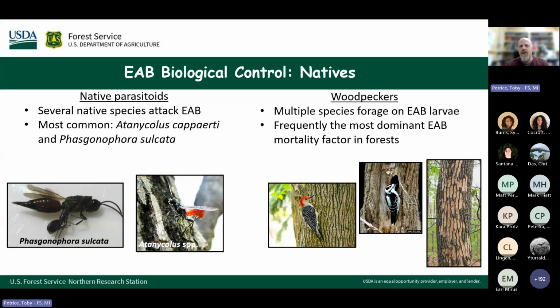Woodpeckers can also feed on emerald ash borer larvae. They primarily feed on the mature larvae that are in that J larval stage, so they've already completed development. So individuals that are removed from trees have already caused the damage that's going to occur to the trees.